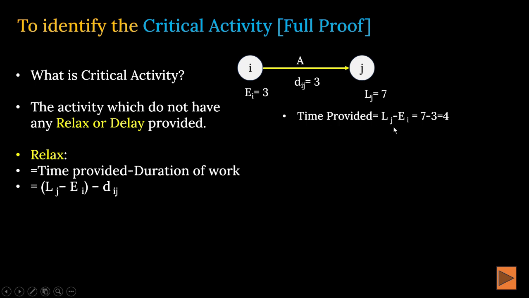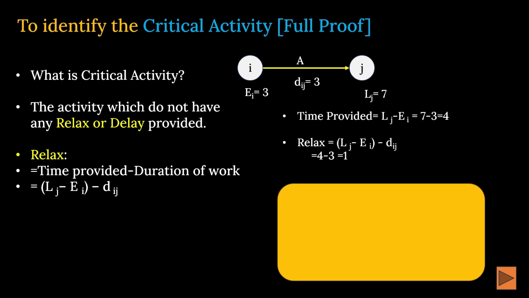Latest finish time minus earliest start time, 7 minus 3, that is 4. Time provided is 4, actual duration is 3. So what is the relax? Time provided minus duration, 4 minus 3 equals 1, that means 1 day relax is possible. So in that way A is not a critical part.